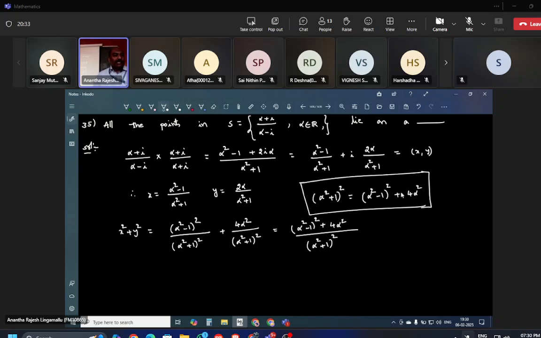From this identity, in place of this, can I write this? So how much? Alpha square plus 1 whole square by alpha square plus 1 whole square. How much?